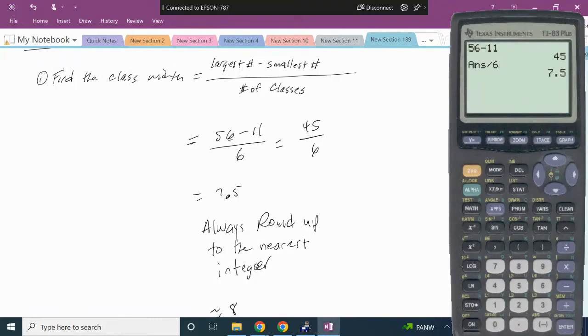The second way I put it in the calculator, I put parentheses around the 56 minus 11, so I put it in this way: 56 minus 11, close off your numerator, divided by 6 to get the 7.5. All right, so we know that 8 is our class width.